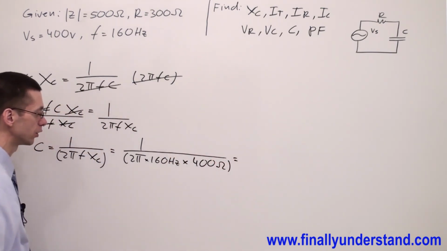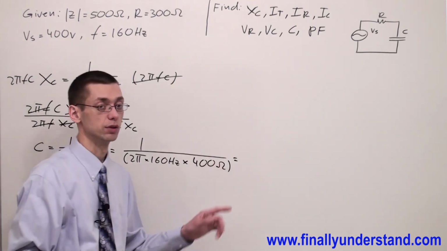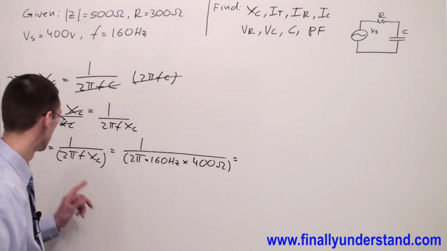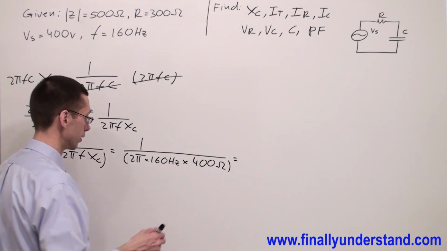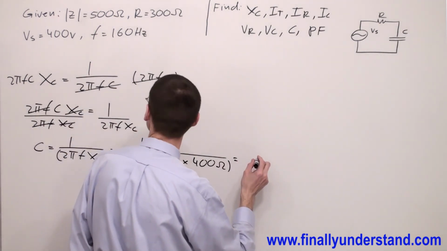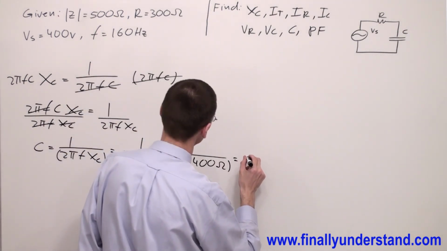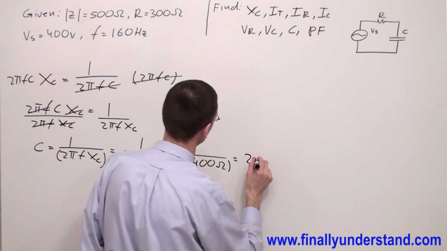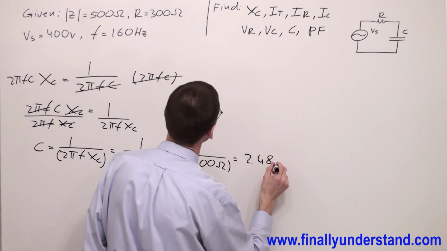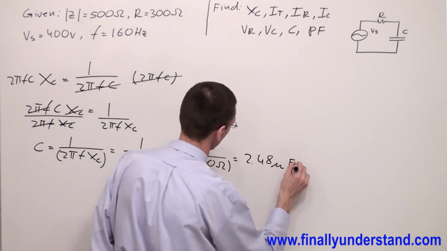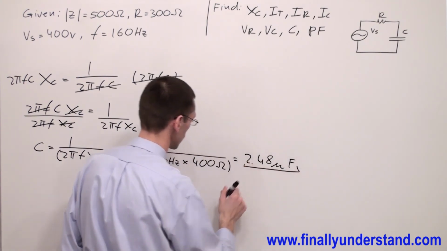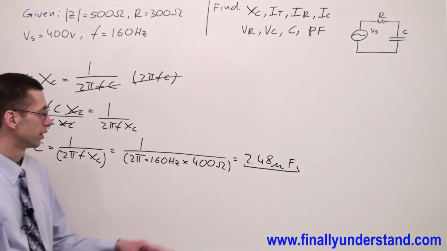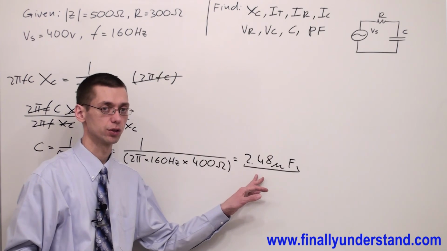Please notice that I do not include the angle if I'm looking for C. Plugging these values into the calculator, you're supposed to get 2.48 microfarads. Okay, so this is the capacitance in my circuit.